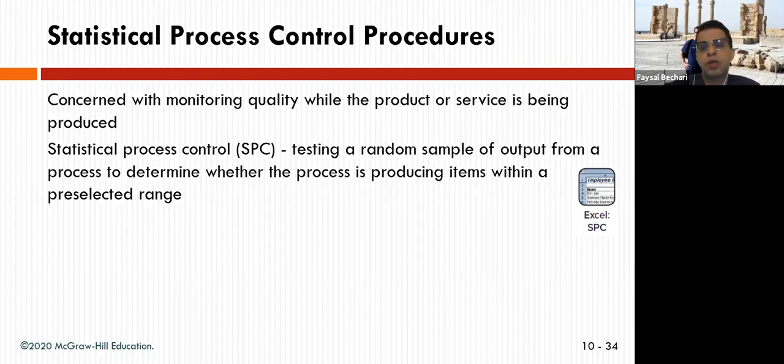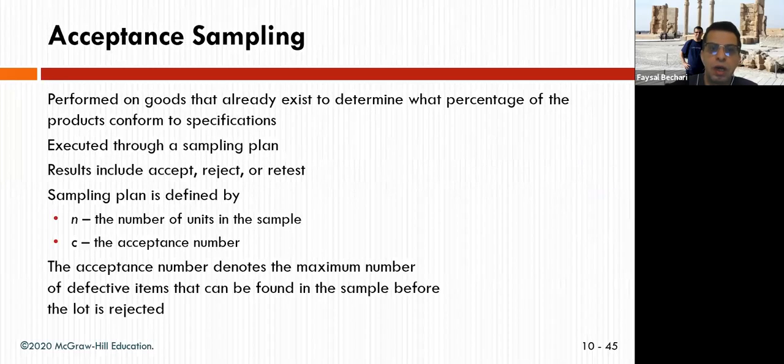And from this you can derive the statistical process control. It's like when you do marketing research, you don't research the whole market, you do a sample of it. I think some of you who took marketing research understand what it's all about.